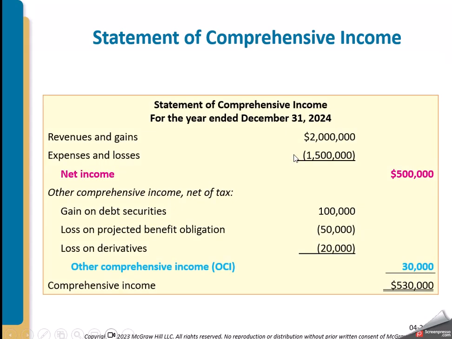And then we can have a statement of comprehensive income where, see, like down here, we have gains on debt securities, losses on our pension, and then losses on derivatives that we have entered into, like maybe to protect the price of the US dollar if we're doing international business, or say we're an oil and gas company and we're protecting the price of our natural gas, things like that. And then those will go into other comprehensive income.